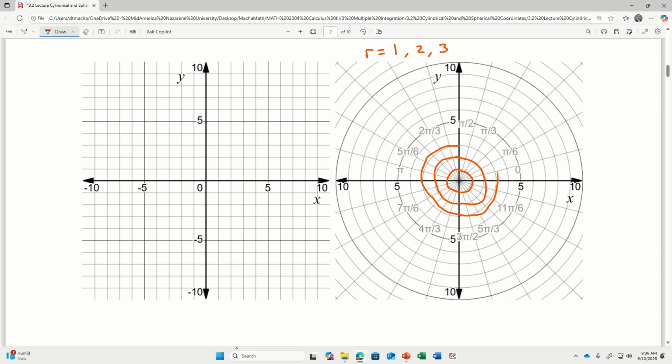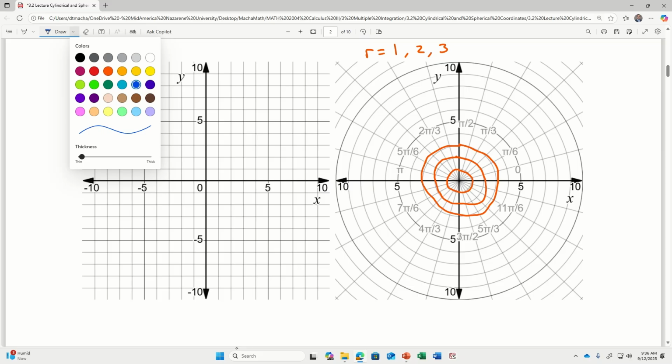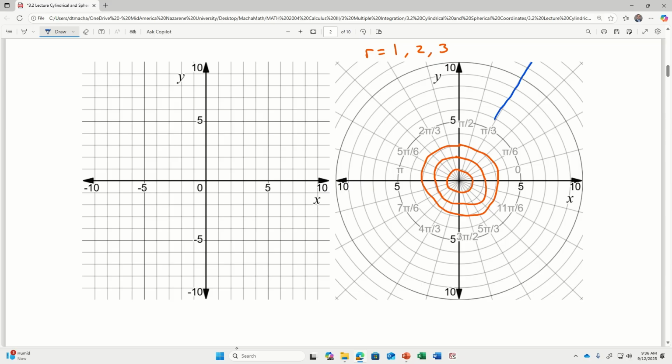So every point along these circles has an r value of 1, 2, or 3. And then you've got the values of theta right here. So like this line that comes out from the origin, this would be theta equals pi thirds. And this line coming from the origin would be theta equals 5 pi over 6. So maybe that visual helps. It's just a different way of looking at two dimensions.